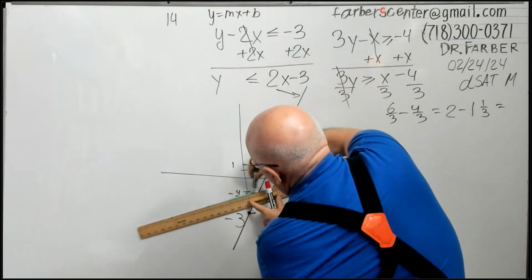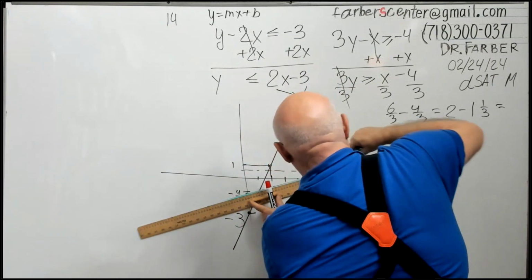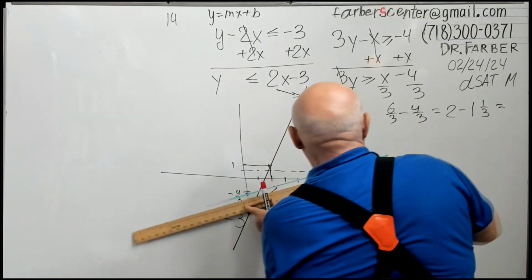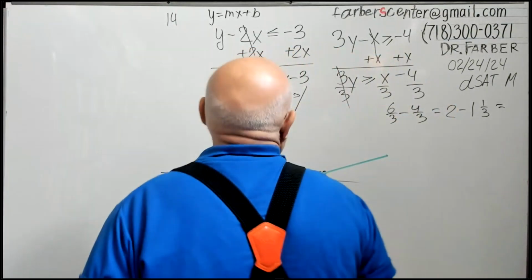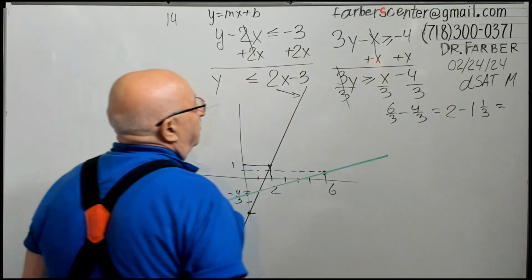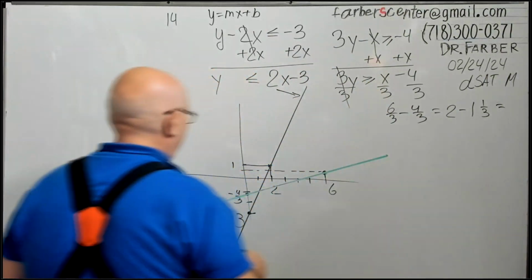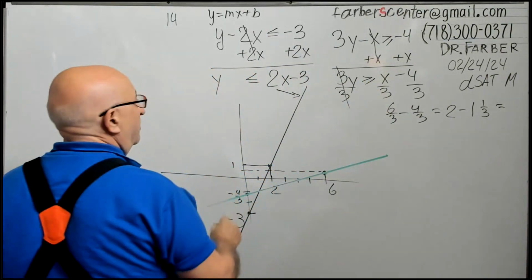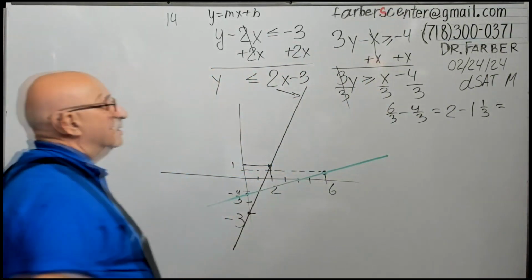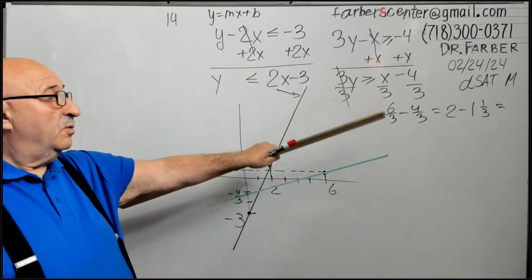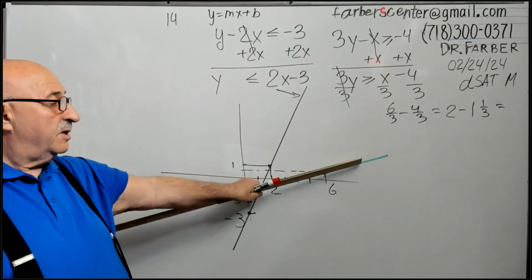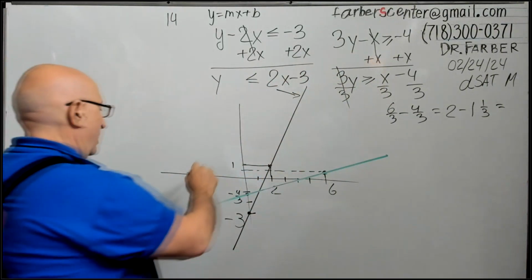This is a typical question for many tests. And now, here we have greater than or equal. What is greater than or equal? This line splits the plane into 2 semiplanes. Greater than or equal means including this line and above.